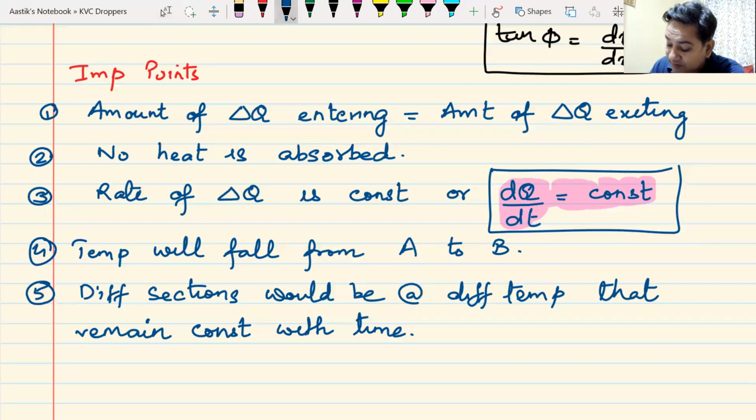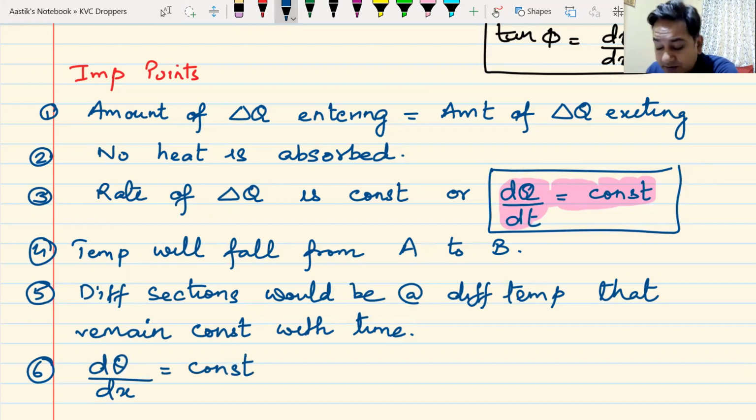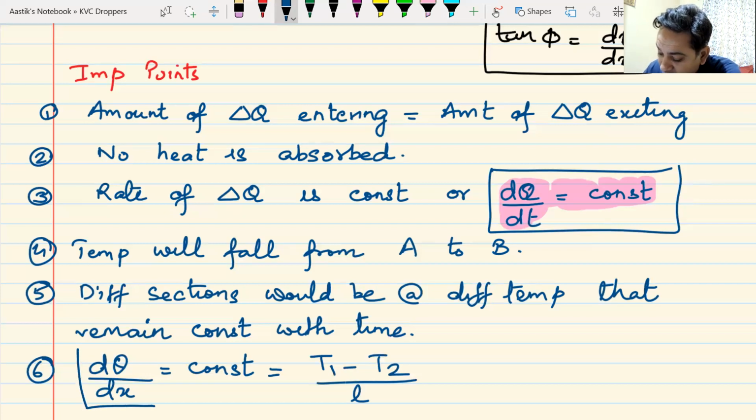The other way of saying this is that the temperature gradient d theta by dx remains constant. Right now I can call it T1 minus T2 or T2 minus T1 divided by L, where L is the length of the rod.